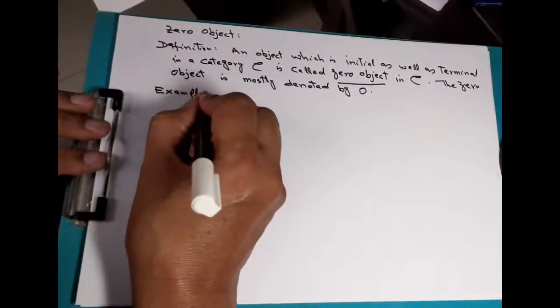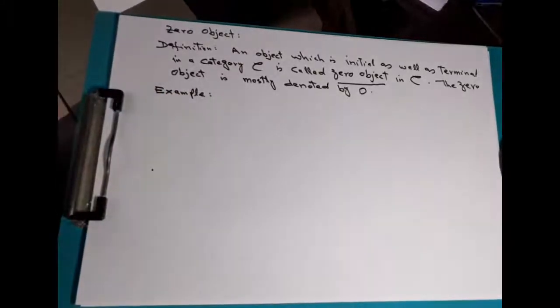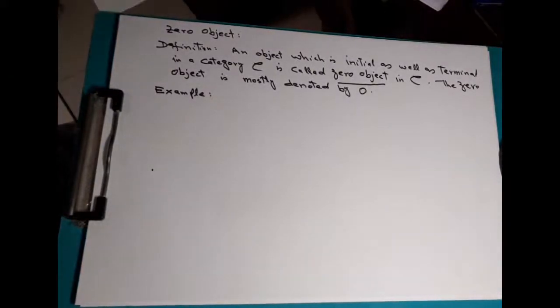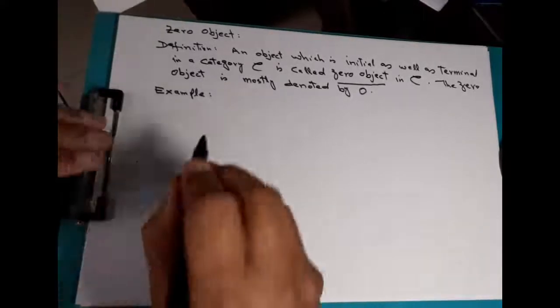And for an example of a zero object, you already know that in the category of groups and group homomorphisms, the trivial group is the initial object, and also the trivial group is the terminal object. Therefore, the trivial group is a zero object in the category of groups and group homomorphisms.